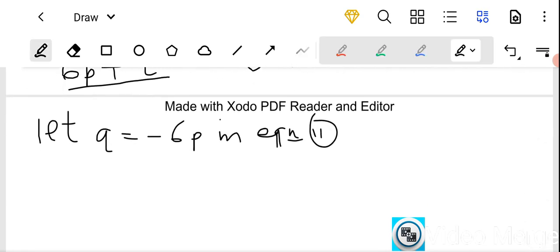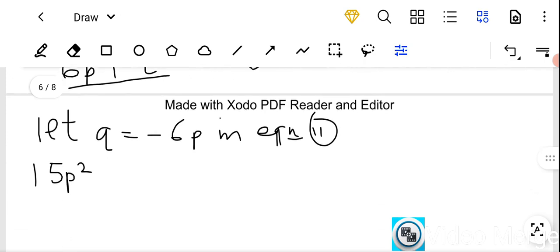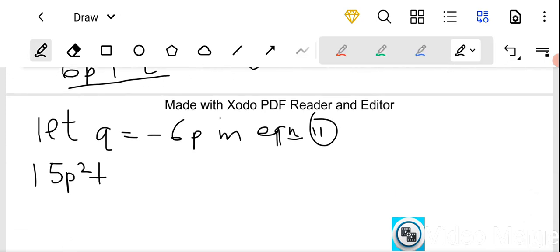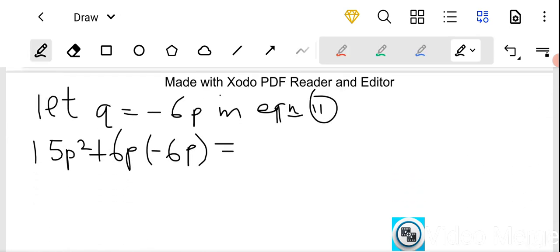Okay, so negative 6p in equation 2. So we have 15p squared, and then plus 6p, q is negative 6p, is equal to negative 21.